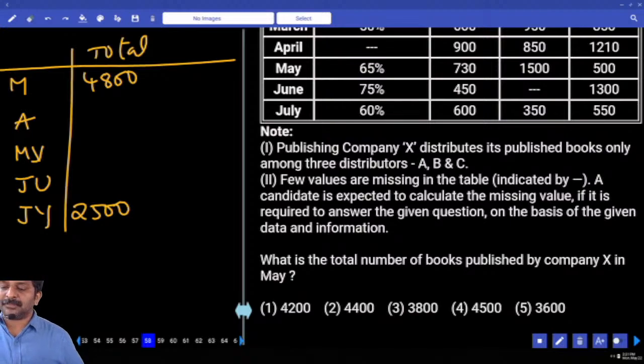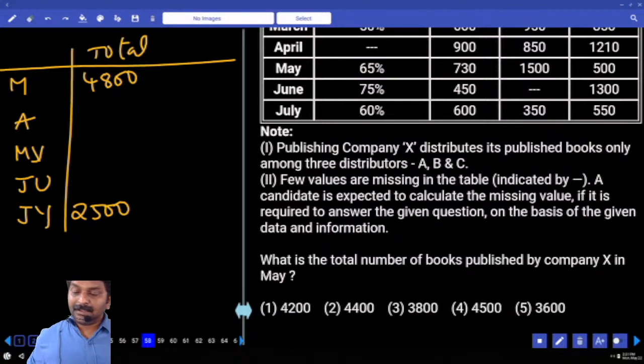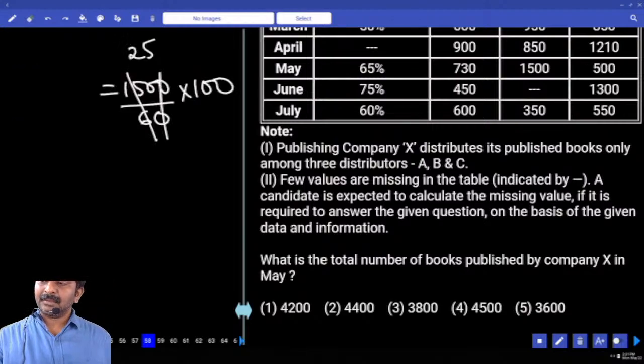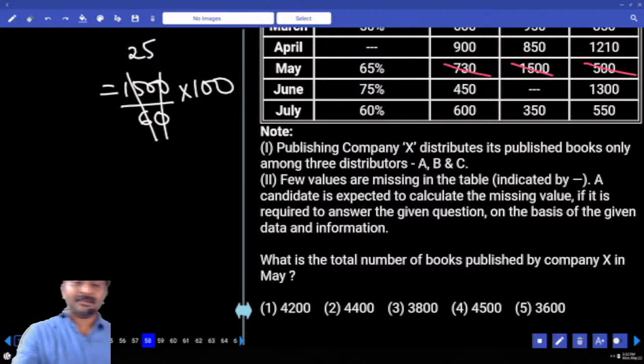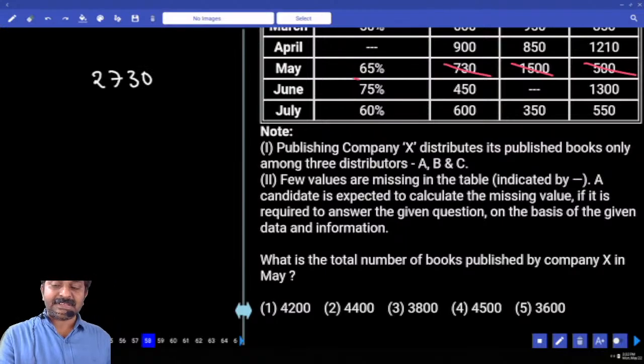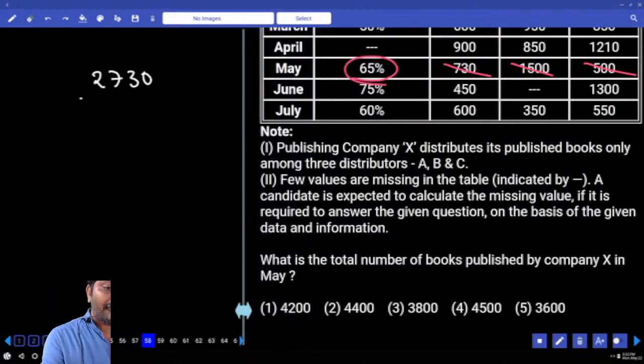What is the total number of books published by company X in the month of May? In the month of May, 1500, 500, 2000 plus 750, 730, 2730, and these are books distributed, which is equal to 65%. 1% value is equal to 2730 by 65.